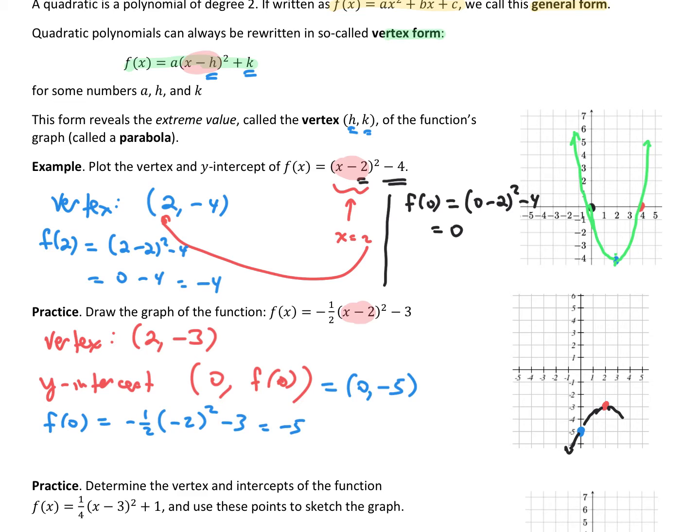We do get an extra phantom point here, just like we did before. The symmetric point to the blue point would be over here. Again, think about the axis of symmetry going through the vertex and where the mirror image of the blue point would be. And you'll see that. And so the parabola comes down like that.